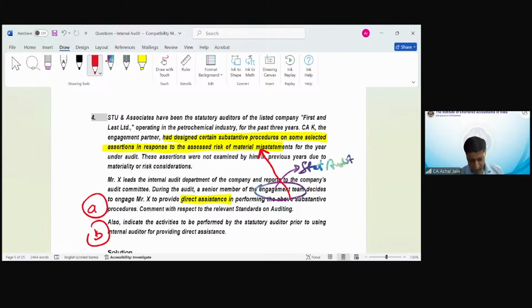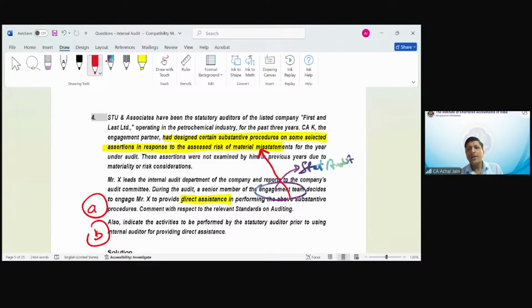He will use his professional judgment, planning and performance of the audit work, evaluating the audit evidence, the extent to which that evidence will be required, and assessment of risk of material misstatement. All these will be done.